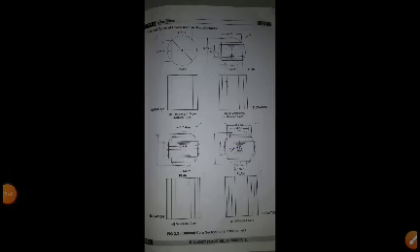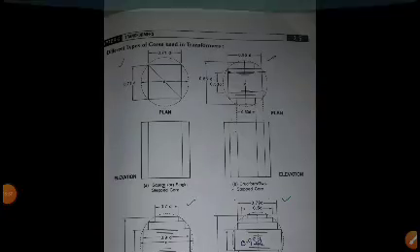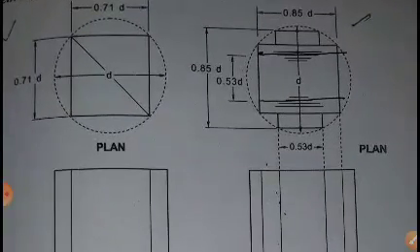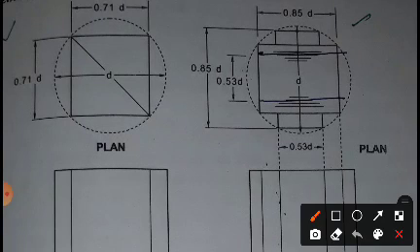Now, based on these formulas, we have already drawn this homework in previous classes. In these diagrams, this is a single step. Once D is given, based on D we calculate 0.71D for the single step.